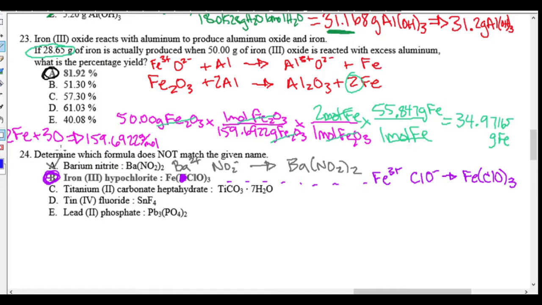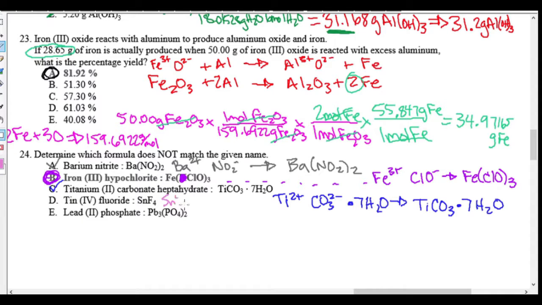Just to make sure that we are 100% correct. Titanium 2 carbonate. That's Ti2 plus, CO3 2 minus. And we have a heptahydrate, hepta meaning 7, and hydrate meaning H2O. Put those together, we get TiCO3 dot 7H2O. Checks out. And tin 4 fluoride, I did this last time too.